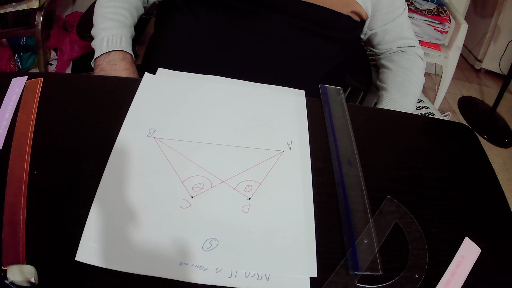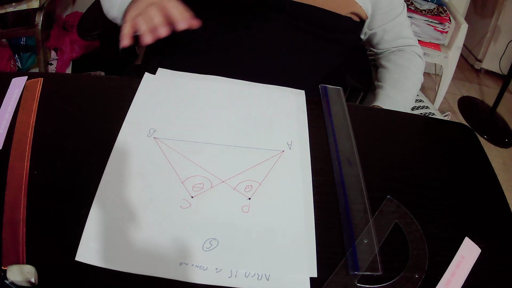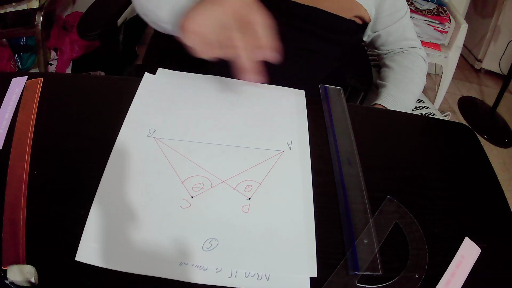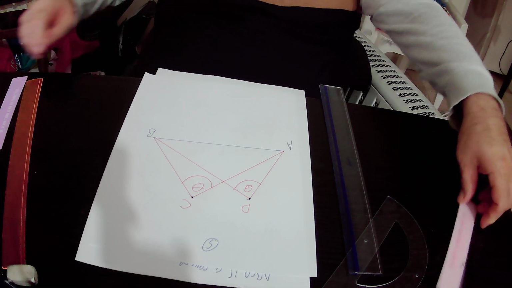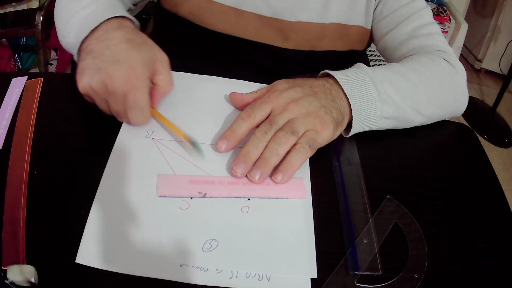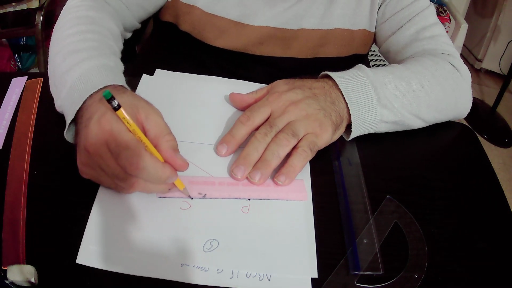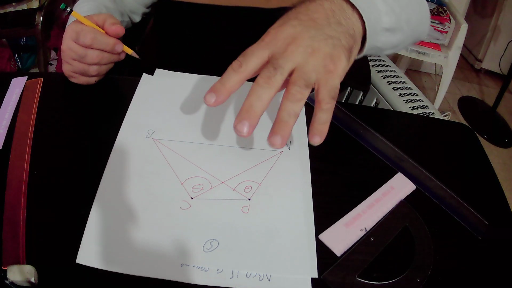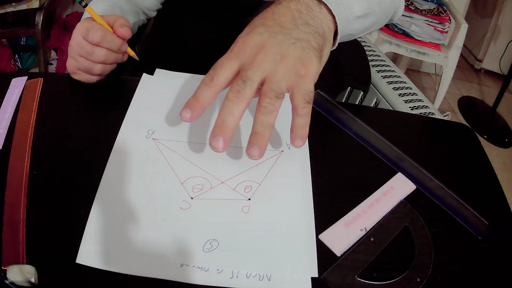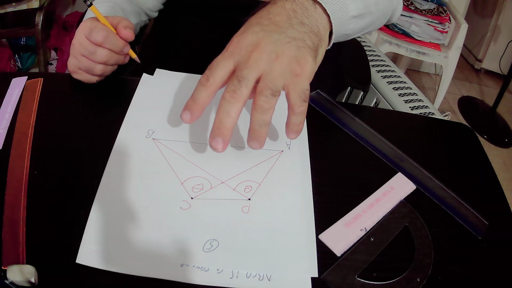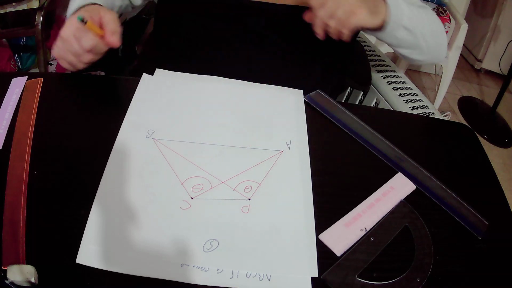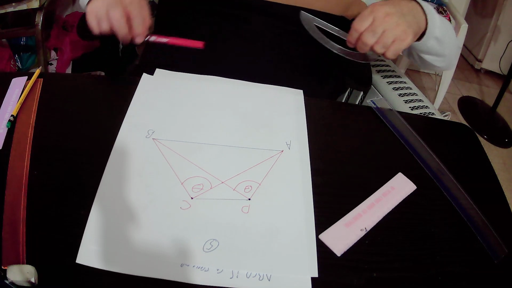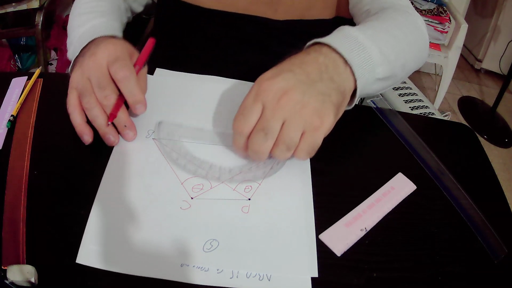So if this is the reality, then according to rule number 2, this quadrilateral ABCD is inscribed by a circle. So quadrilateral ABCD is inscribed by a circle.